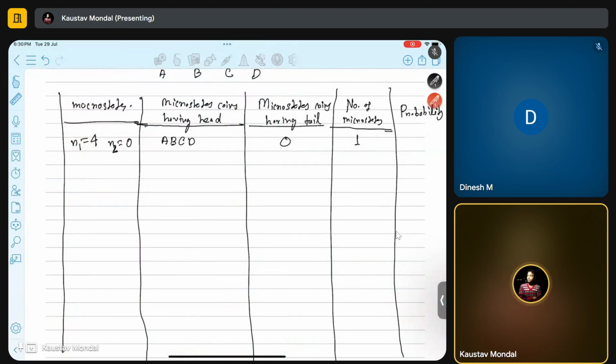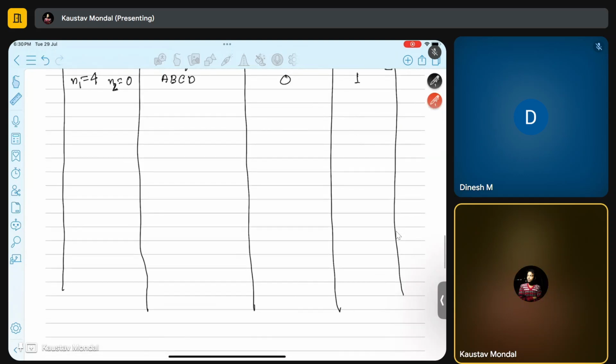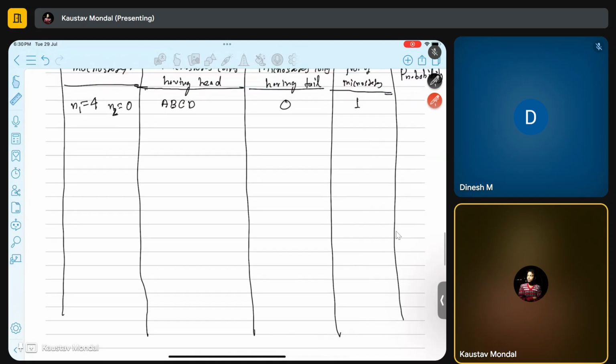Now next, consider another macro state where, let's suppose, out of these 4 points, 3 coins are having head and 1 coin is having tail.